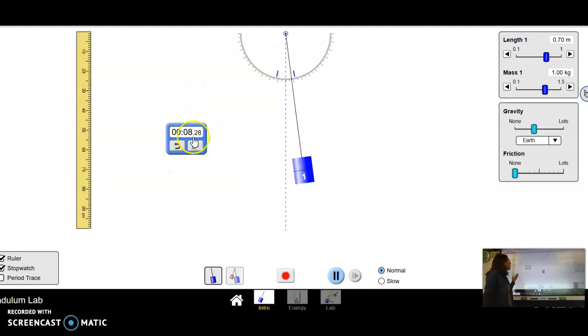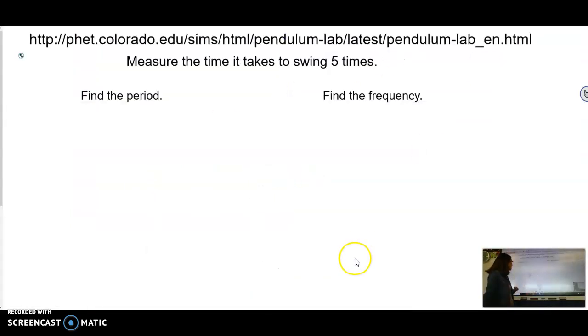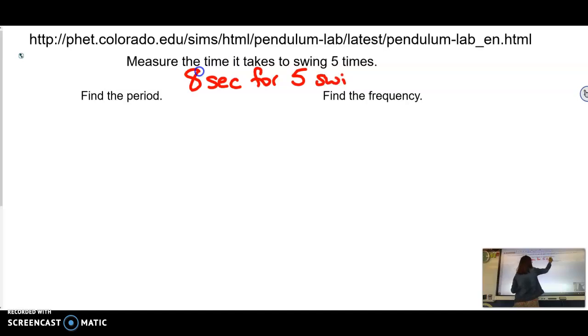So it appears it took about 8 seconds. I'm just going to round a little bit for the purpose of this calculation. It was about 8 seconds for 5 swings. So I'm just going to jot that down. It was 8 seconds for 5 swings. Now, if I was doing a real lab, I'd want to be a little more precise than the 8, but this is just for this purpose.